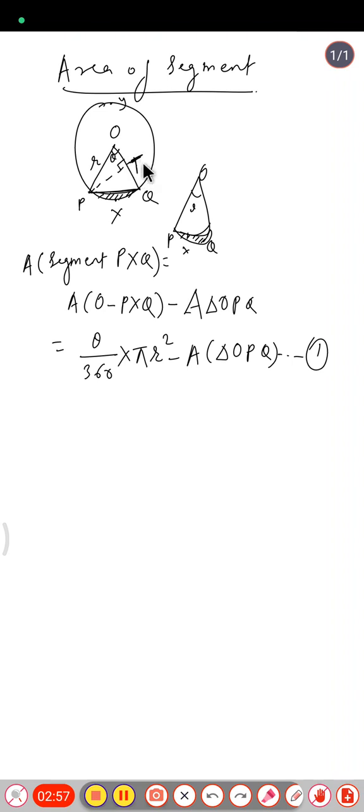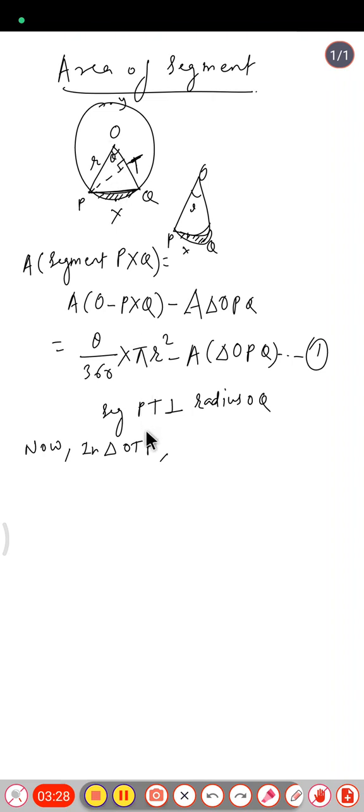Here is our point T, which as you will see is segment PT, perpendicular on radius OQ, clear. Now in triangle OTP, right. As we know, here it's theta angle.